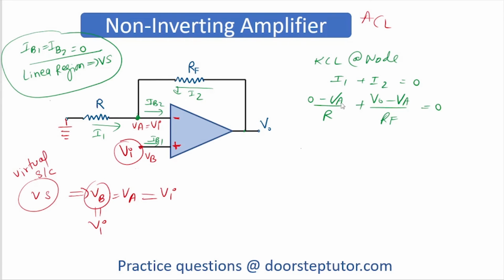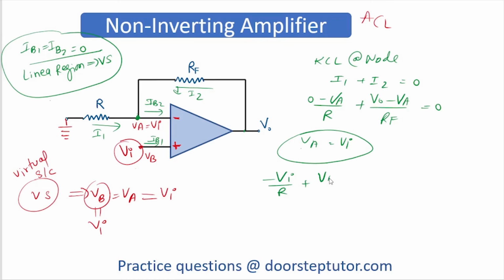We know the value of VA is equal to Vi in this case. So we can write it as minus Vi upon R plus (V0 minus Vi) upon RF equals 0. From here we have to find the value of V0.